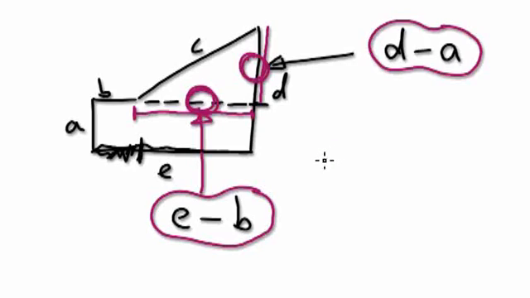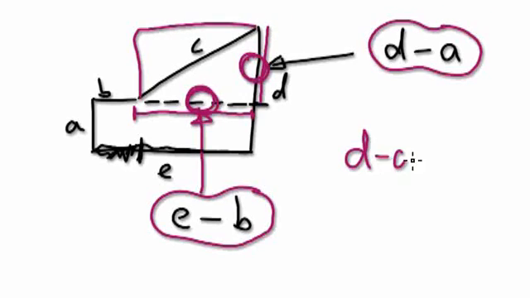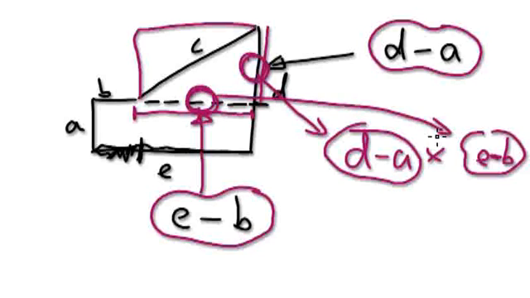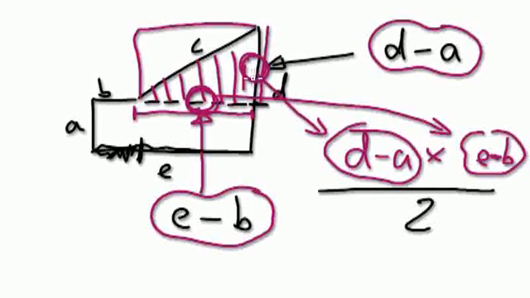You can imagine the whole area here would be D take away A in a bubble, times this bubble, which is E minus B. Then we've got to divide it by 2 because we only want half of this thing here.